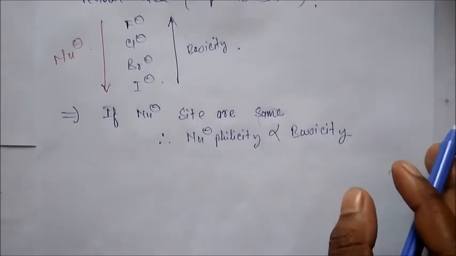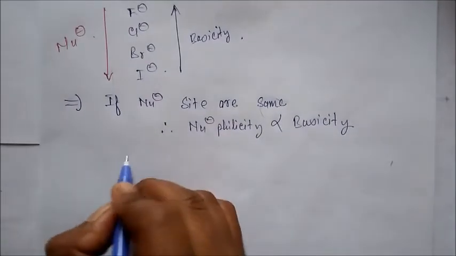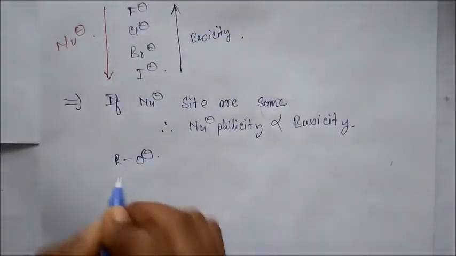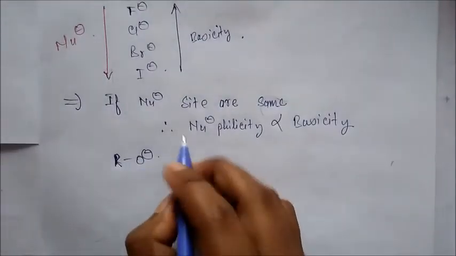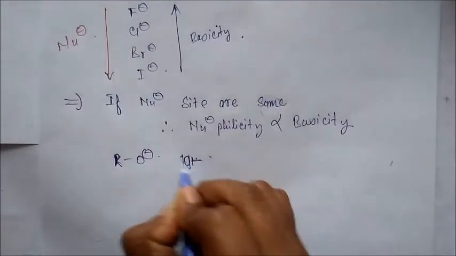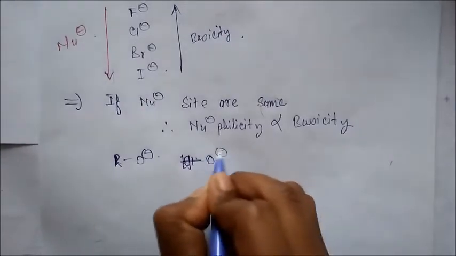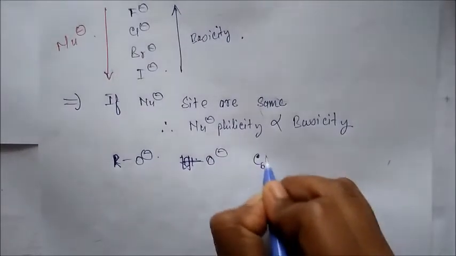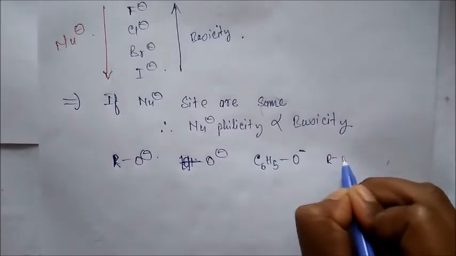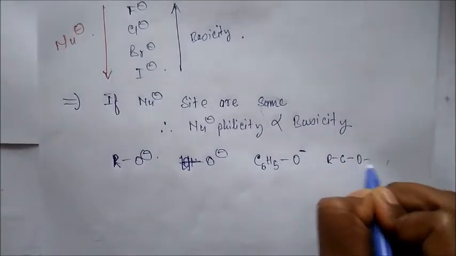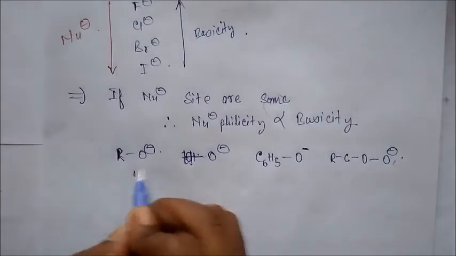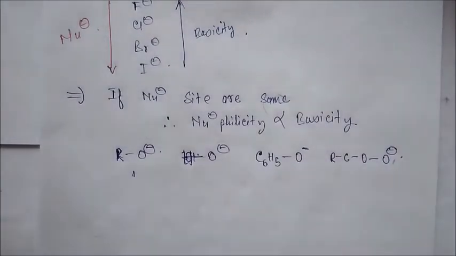Let's take an example and see what is happening. Let's say we have RO minus, we have OH minus, we have C6H5O minus, and we have RCOO minus. Okay, we have these four.